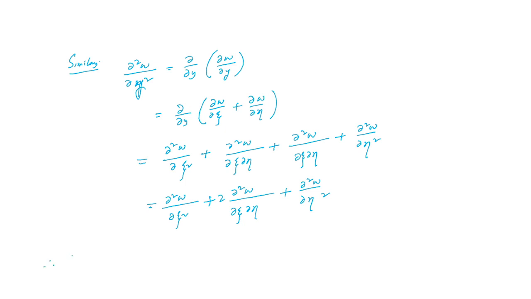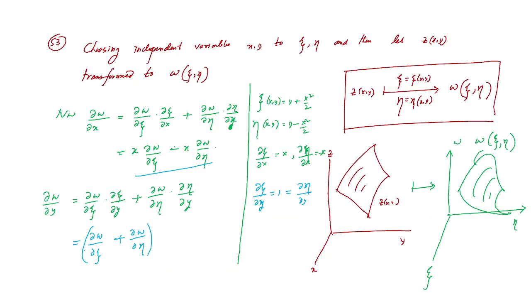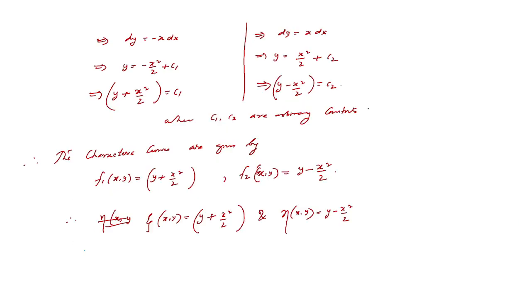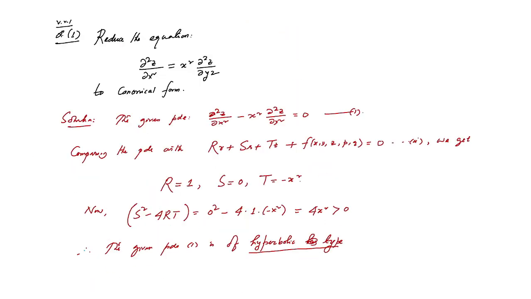So therefore the equation 1 transforms to, here in equation 1 you will see del 2z del x square and del 2z del y square. So we have this one and this one. So we'll put here.